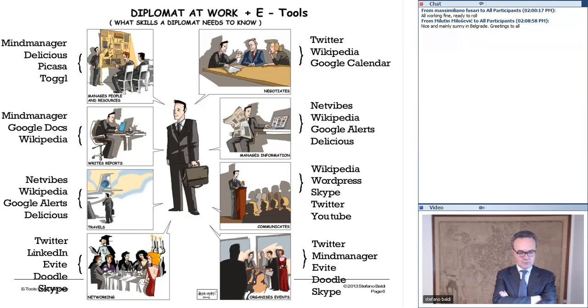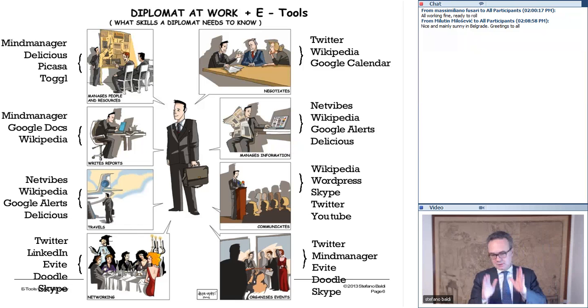I think of a typical activity like networking. Of course, it could be Twitter, it could be LinkedIn, could be Vine, it could be Doodle, it could be Skype. Each one of them could have a different role in enhancing, in improving, in making it easier to perform the networking activity, which is a typical diplomatic activity.